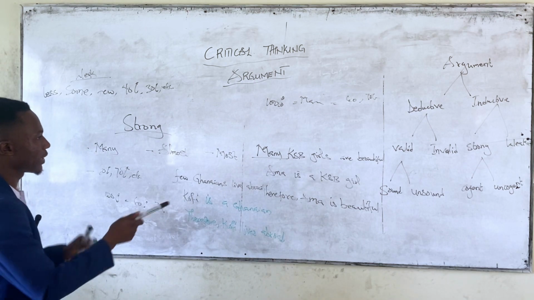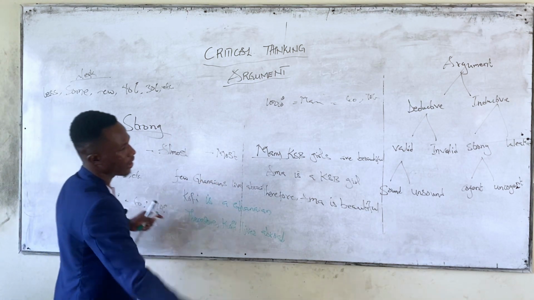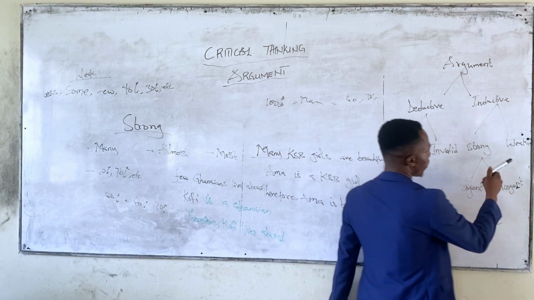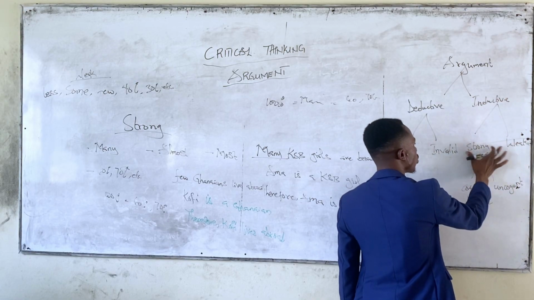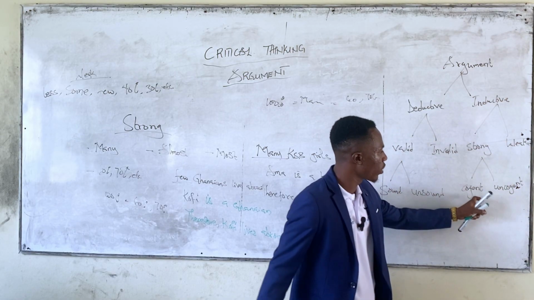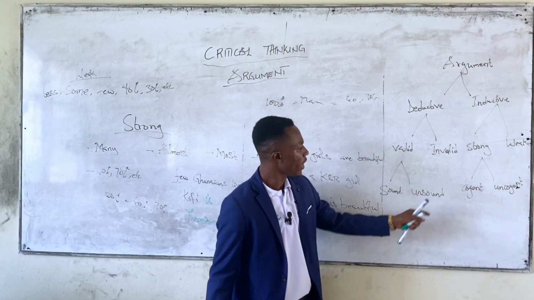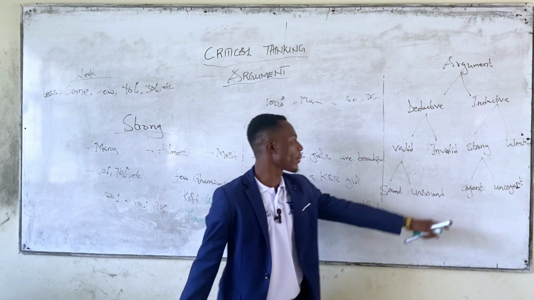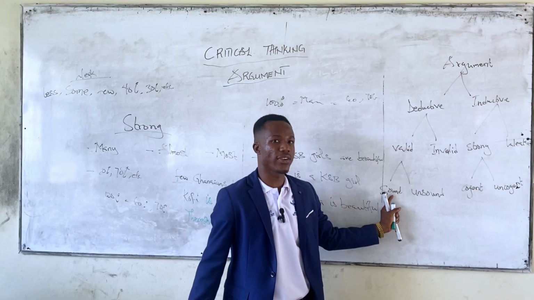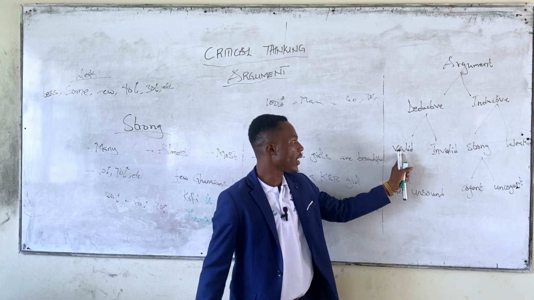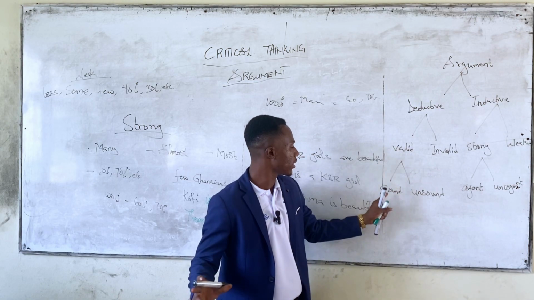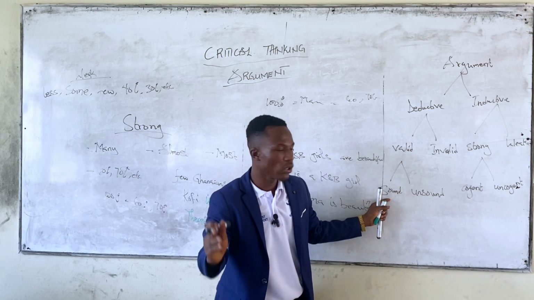Okay, so this is how to determine the inductive argument, whether it is strong or weak. Okay, so now let's look at cogent and non-cogent. The cogent here talks about sound, right? Sound is when the argument is valid and the whole argument is true.